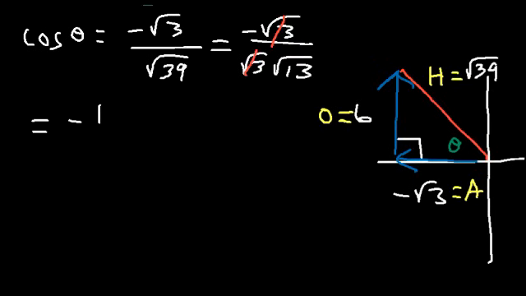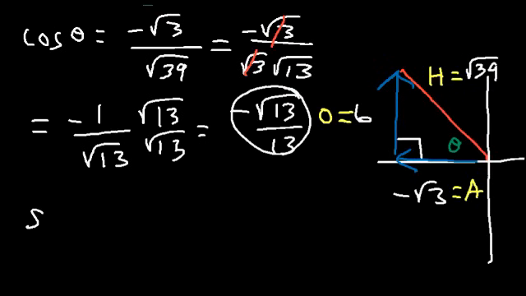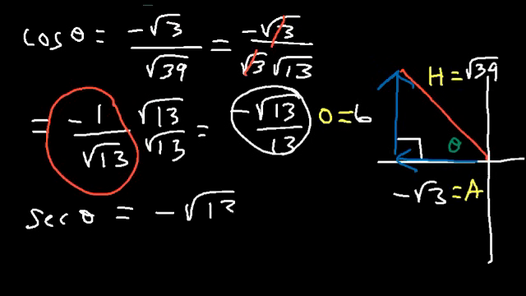So cosine is basically negative 1 over root 13. And now we can rationalize it. So it's negative root 13 divided by 13. So this is cosine theta. Secant theta, you want to flip this part of cosine. So secant theta is negative root 13.